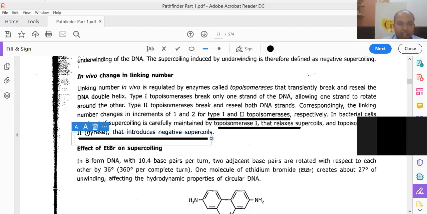So that is why too much negatively supercoiled DNA will lose its ability to be transcribed and translated, because it will get destroyed, it will get denatured. Okay, now stop the video and let us look at the PowerPoint animation that I'm showing you.